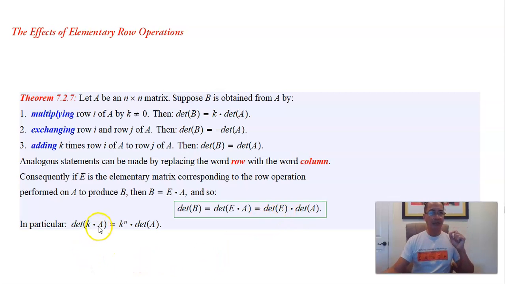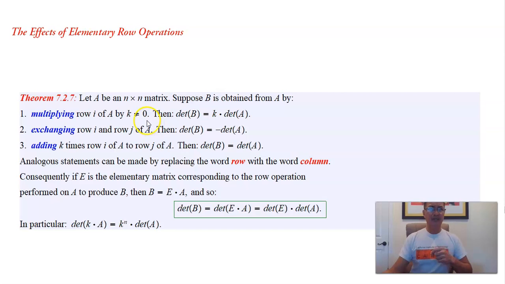What happens if you multiply a matrix by a scalar? You don't just multiply one row by k, you multiply all the rows by k. Now each of those products will give you a contribution of k. There are n rows, so in all you have a factor of k to the n multiplied by the original determinant.